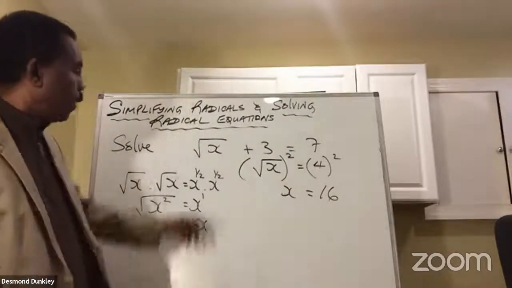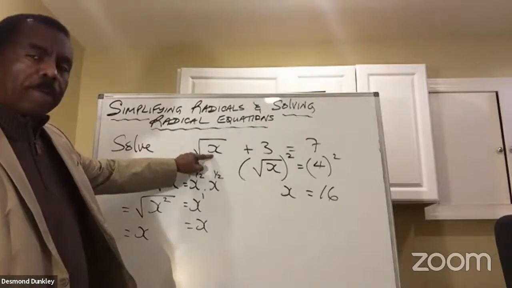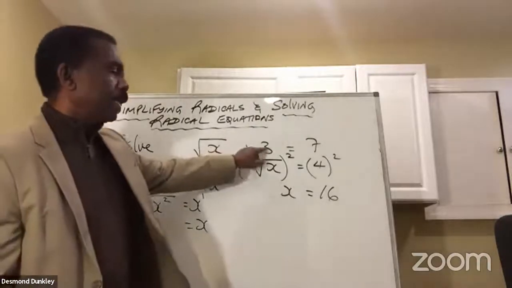Let's check to see if it works. Square root of 16 is 4. 4 plus 3 is 7.